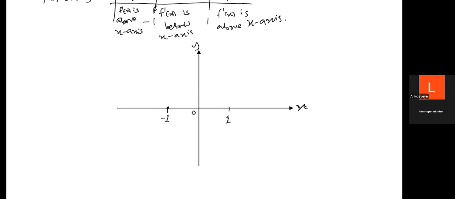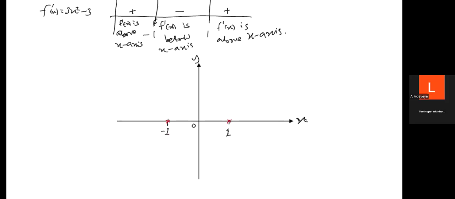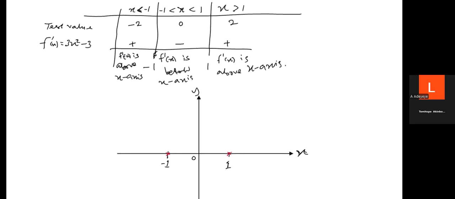Is that clear? Yes, sir. Let me use red so that you will get what I'm trying to do. So it will pass through this point, pass through this point. So from the sign table, we said for less than -1, f prime is above. So that means we're going to have the line above here.